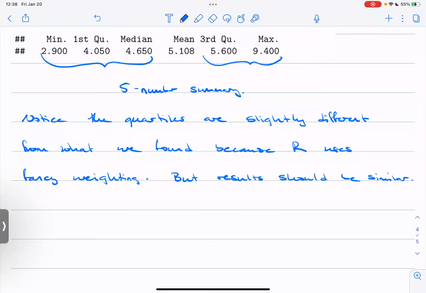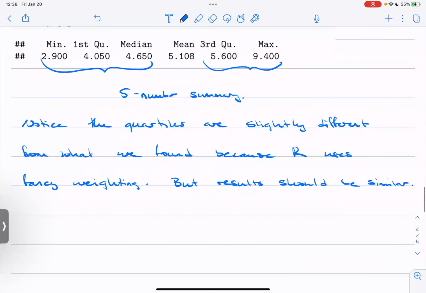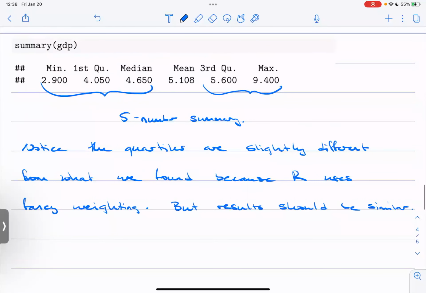Okay. So one cool thing that we can use this 5-number summary for, and this is for our course, obviously, but something to have up your sleeve for any sort of data analysis, is you can use the median and the mean.